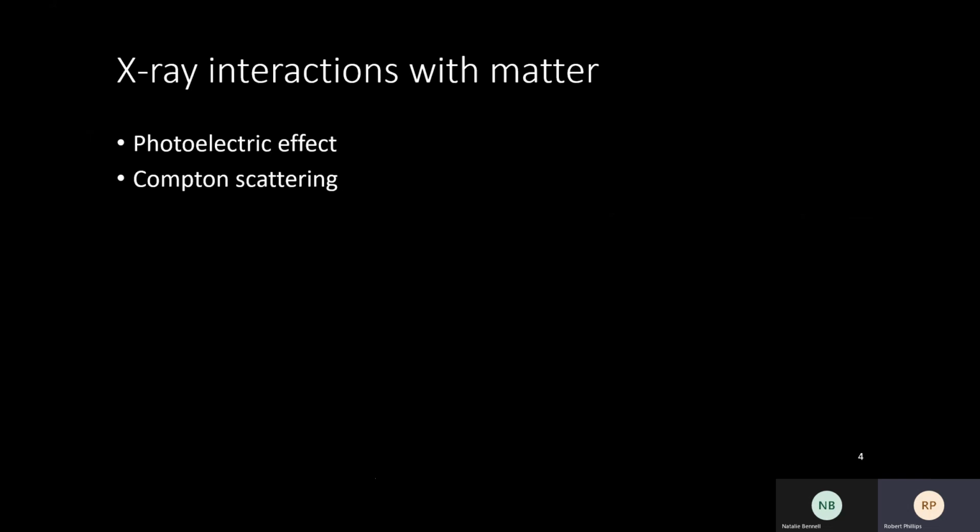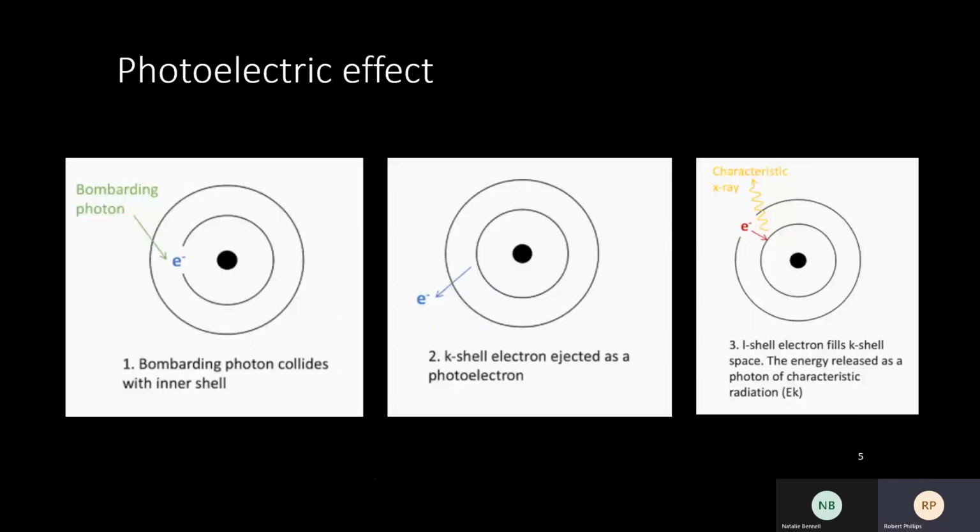In last session, we learned there are two major X-ray interactions with matter: photoelectric effect and Compton scattering. In photoelectric effect, the X-ray photon interacts with an inner shell electron of the atom and ejects it from its orbit. The photon gets completely absorbed. During the process, characteristic X-ray is produced.